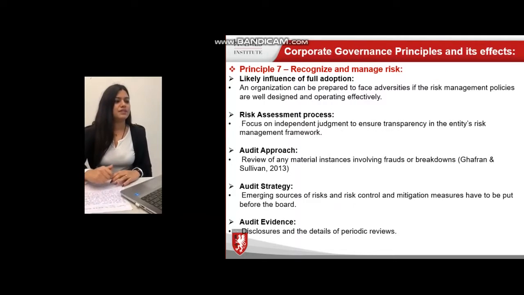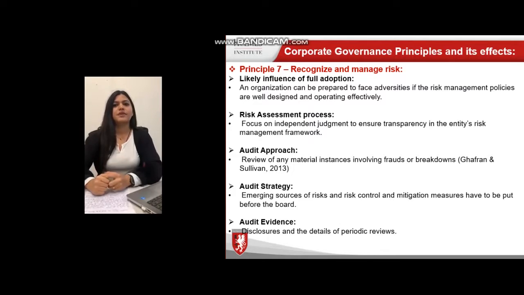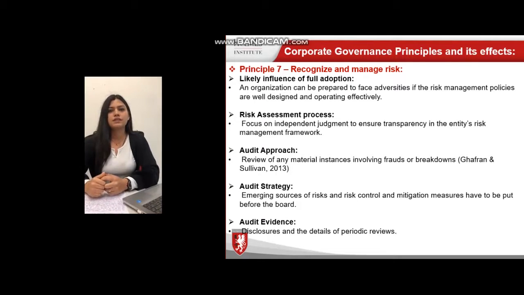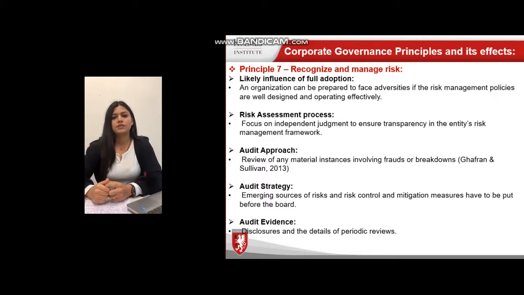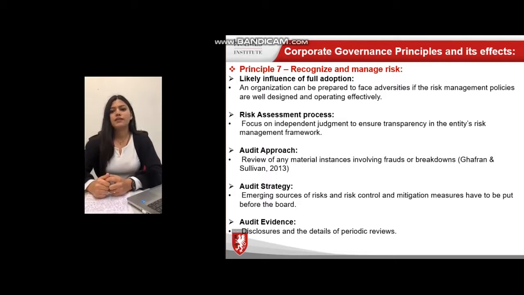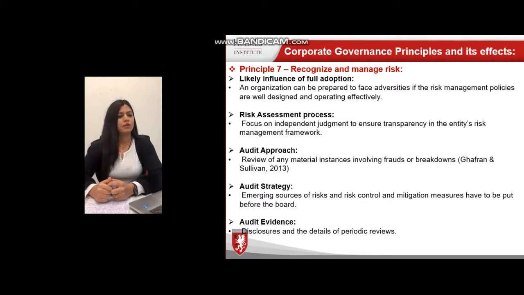And the 7th principle is recognize and manage risks. A sound risk management framework should be in place, and a periodic review of the same has to be carried out to ensure the effectiveness of the framework. In adoption of this principle, the company should design appropriate risk management policies. The risk assessment process for this is transparency in the company's risk management framework.